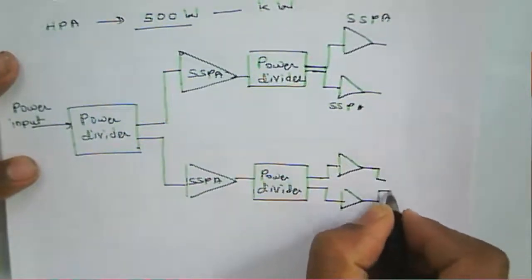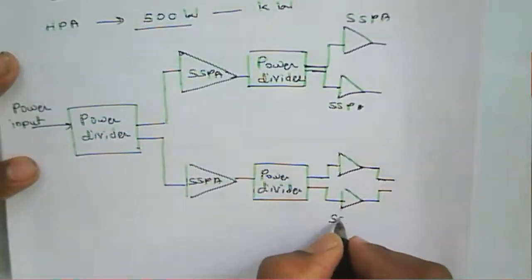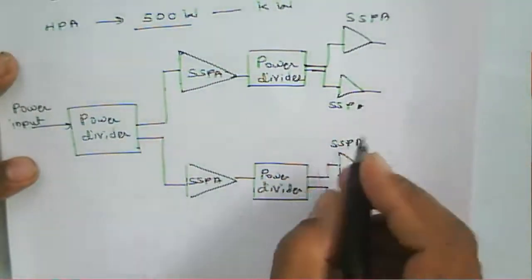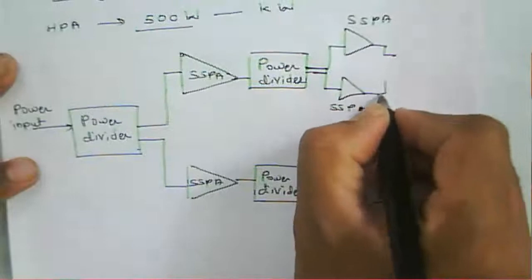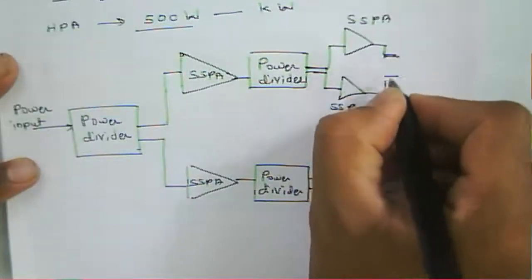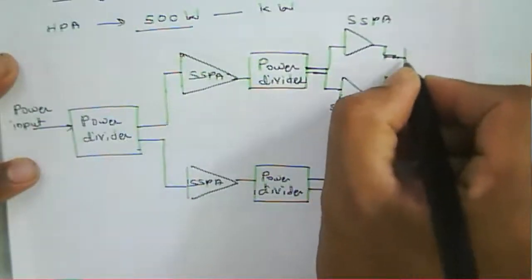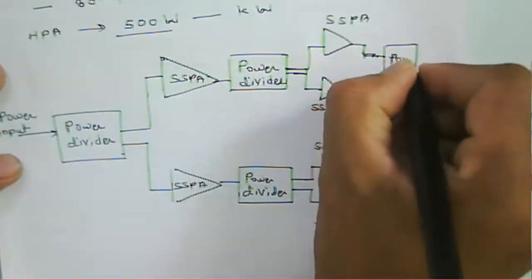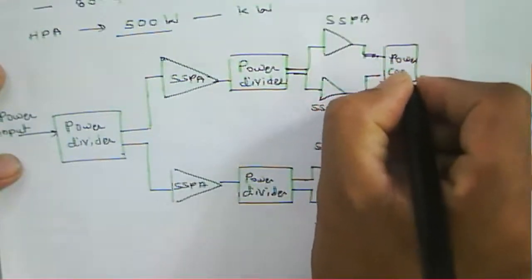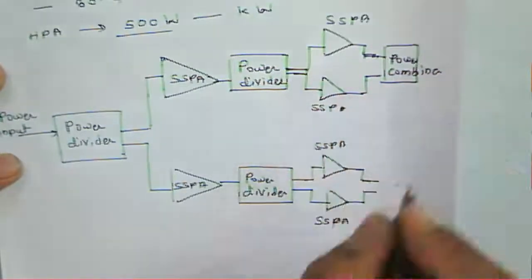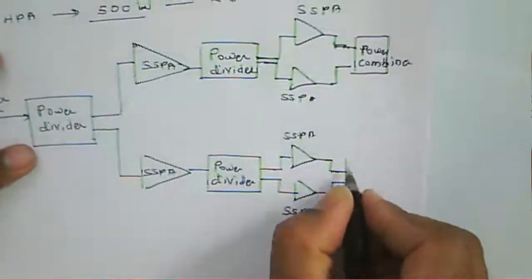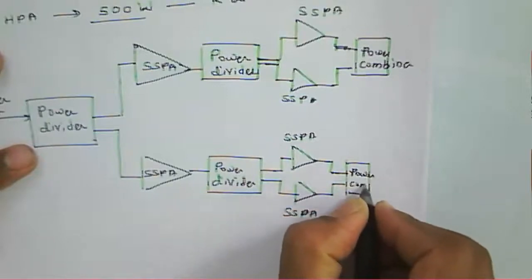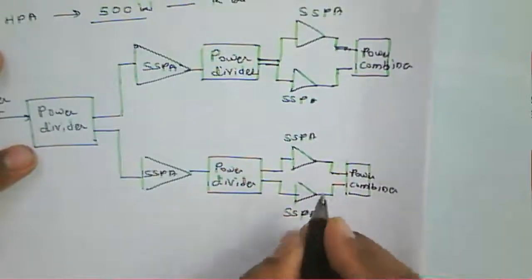Then we get an amplified output. This amplified output is given to a power combiner.